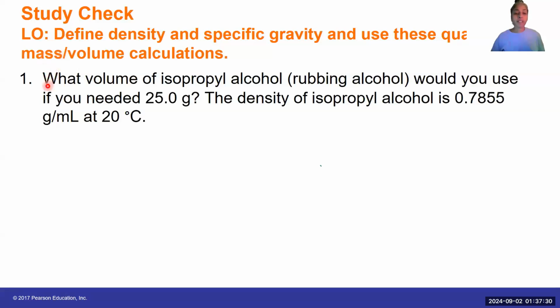What volume of isopropyl alcohol would you use if you needed 25.0 grams? The density of isopropyl alcohol is 0.7885 grams per milliliter. One thing to note is, if we're using conversions, never use the conversion factor in determining your total number of significant figures.